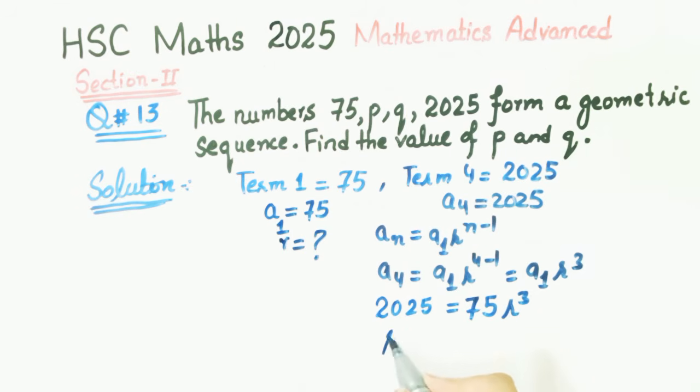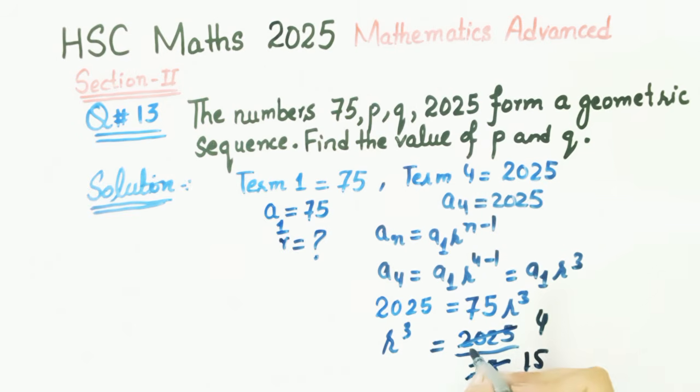Now you have to find the value of R cubed. You can see 75 is multiplied here, so it will be divided: 2025 divided by 75. Now we will divide this. We cancel out in the table of 5. 5 1 time 5, then 2 remaining; 5 5 times 25, then 5 4 times 20, then 0, and 5 times 5 is 25.